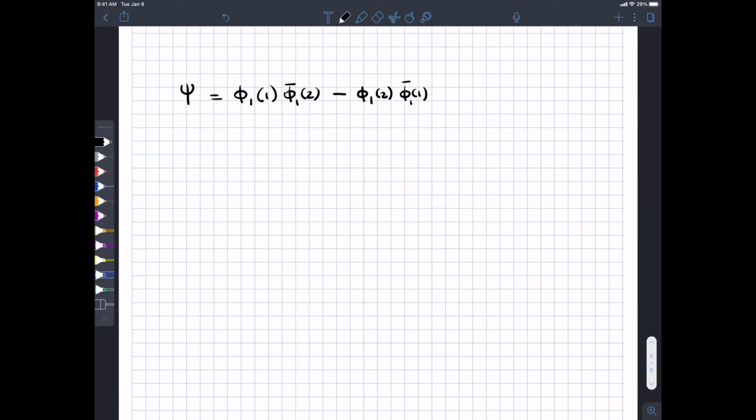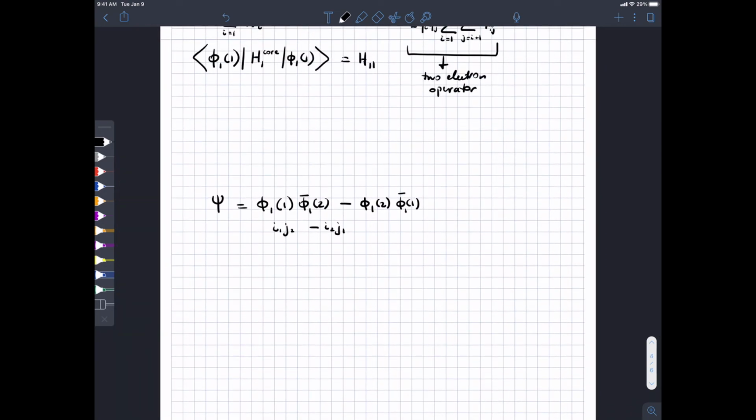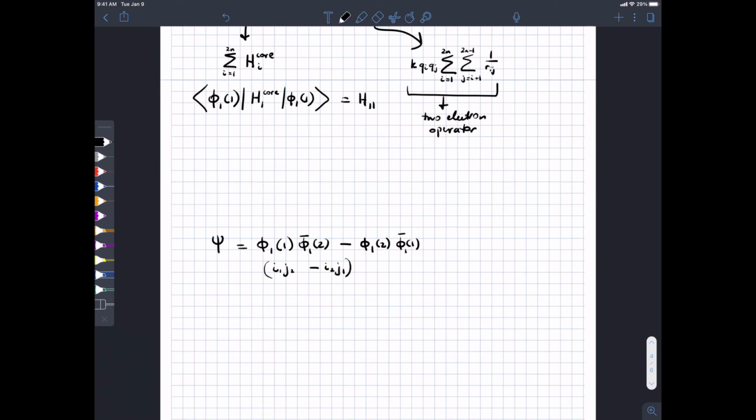And for the sake of not having to write things again and again, let's just represent this as I1, J2 minus I2, J1. Is that okay? All right. So let's see what happens when we take this quantity and apply it to that two-electron operator.